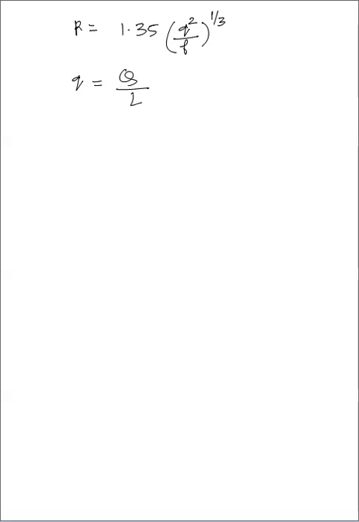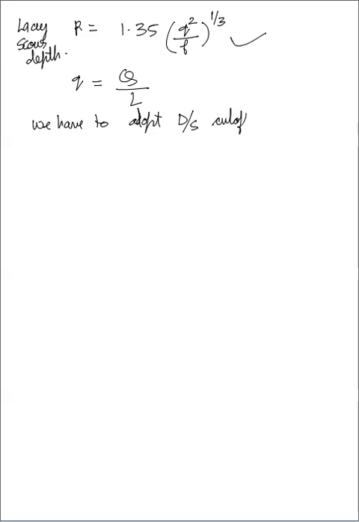Now where is this Lacey's scour depth useful? Once we find out the value of R, then we have to adopt the downstream cutoff up to 1.5 times R. Remember this.